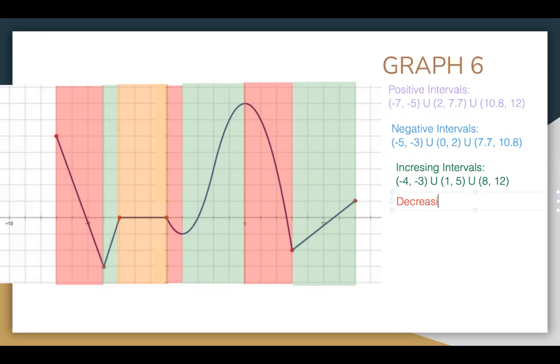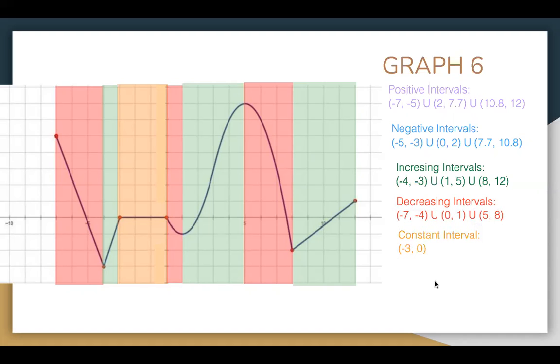Decreasing. That is -7 to -4, 0 to 1, and 5 to 8. And lastly, there's that one constant interval from -3 to 0.